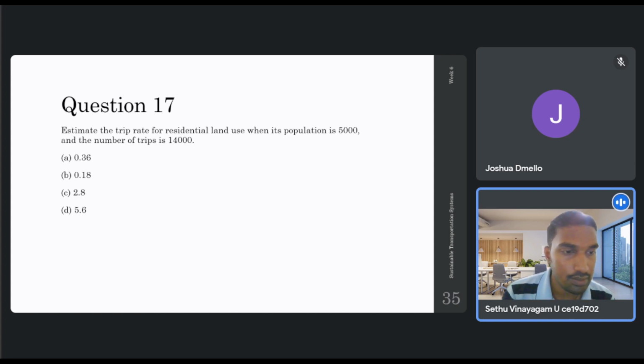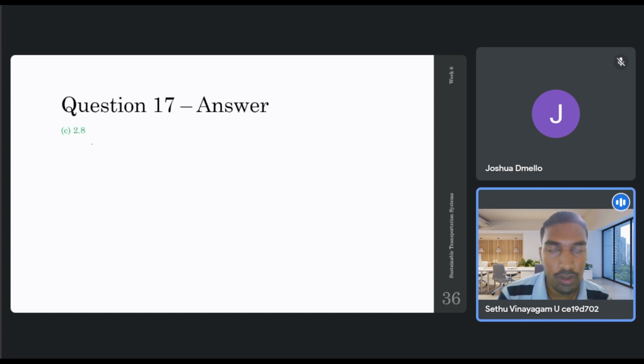Yeah, this was answered in the chat. So it is 2.8. So the right option is 2.8, right?